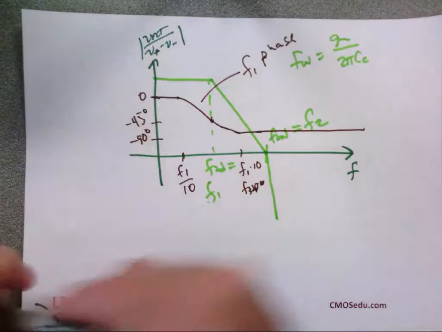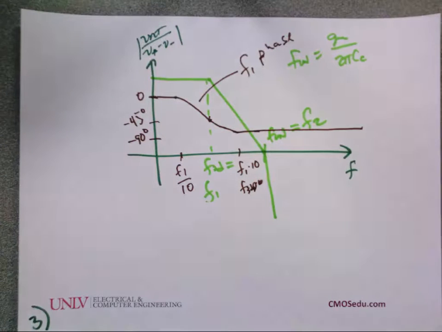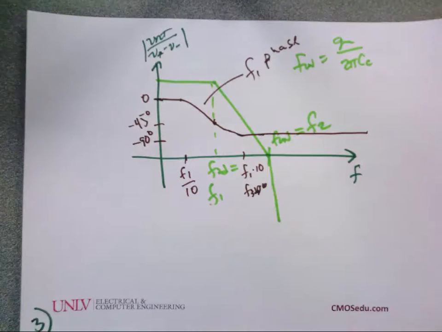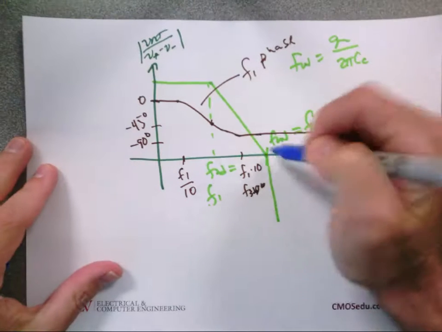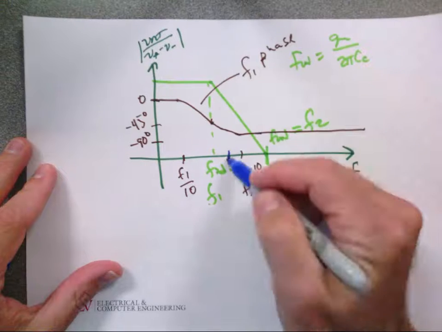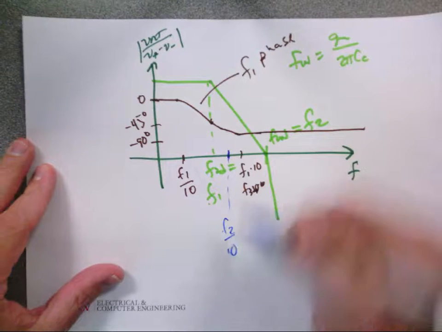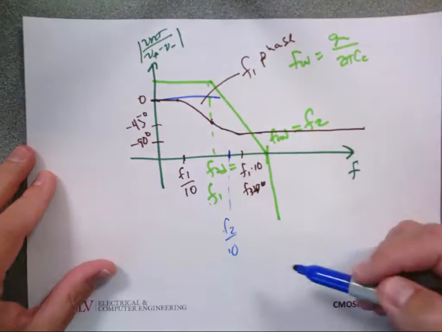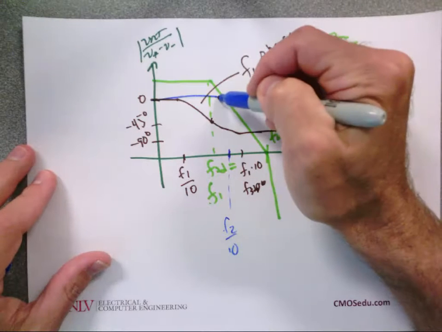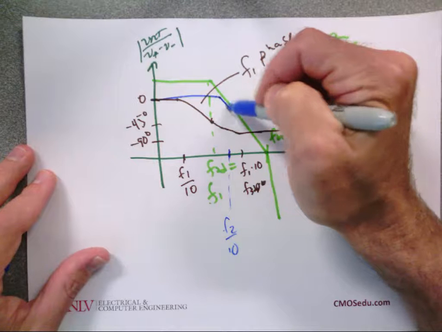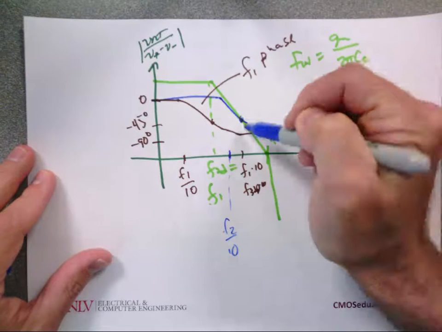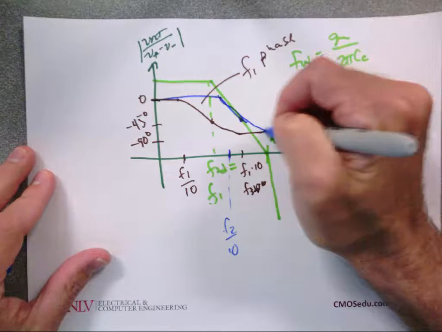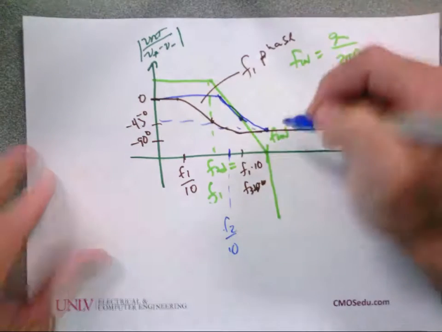Okay, but that's not the only phase shift we have, right? The other phase shift we have is due to F2. So at F2, we go 1 decade below, and let's say that's right here. And there, we're at 0 degrees, and then we start rolling off, so that at F2, we're at 45 degrees.